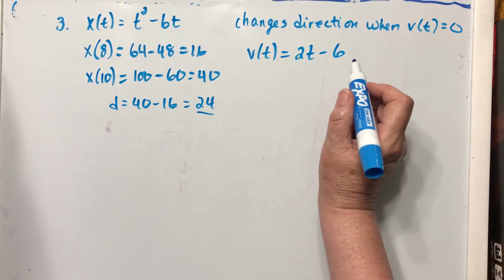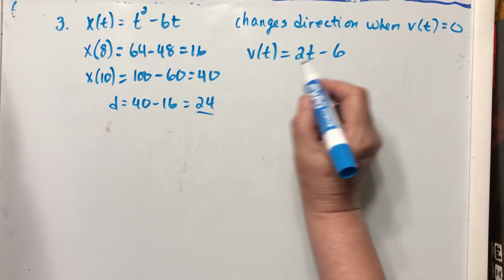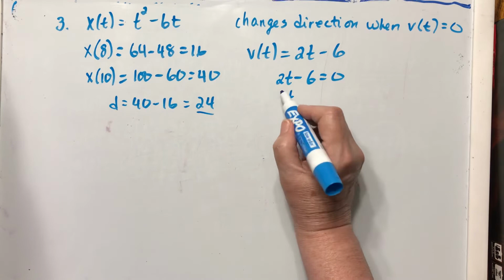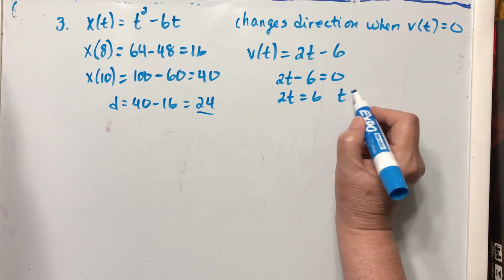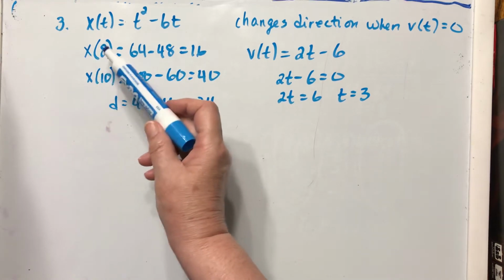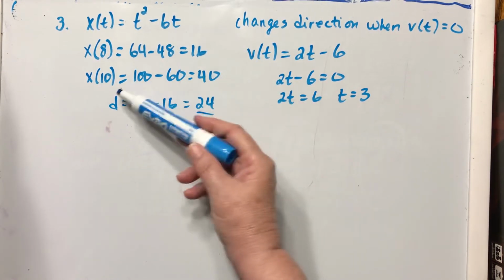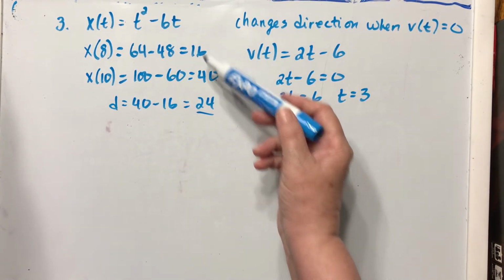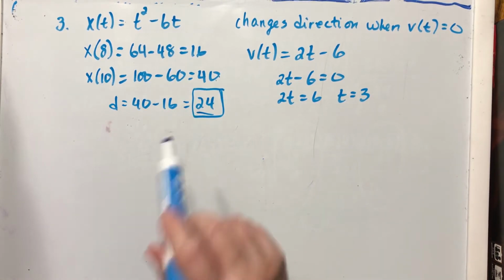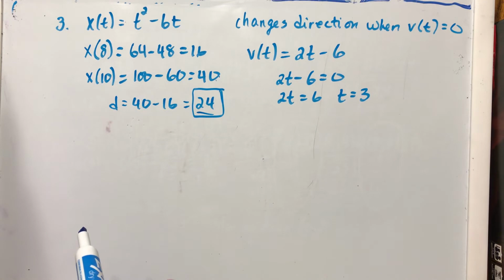So when is this particle changing directions? Well, it changes directions when the velocity equals 0. So this changes directions at 3. So we're good with what we did. At 8 seconds, it was on 16, and at 10 seconds, it was on 40. So just subtract those, and that's how far it's traveled between the 8th and 10th seconds.